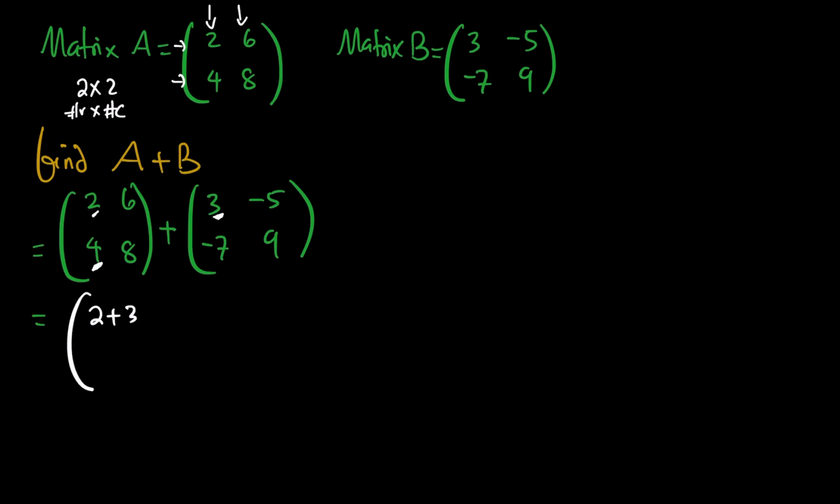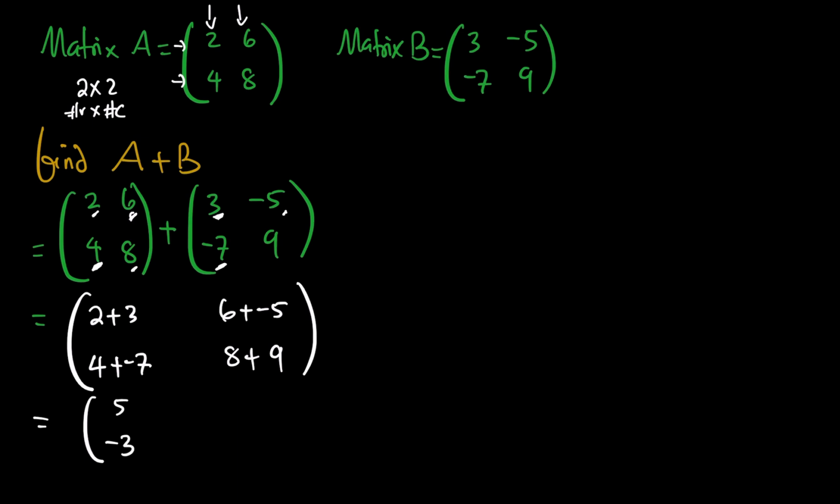If we come down here, we also pick the number that is down there, and we say 4 plus -7. Now we come here, we take the 6 and add it to the -5. We take this 8 and also add it to the 9, and you close it. You have 5 here, and you also have -3 here. You have 1 here, and then you have 17 here, like that. And that solves the addition of these two matrices together.